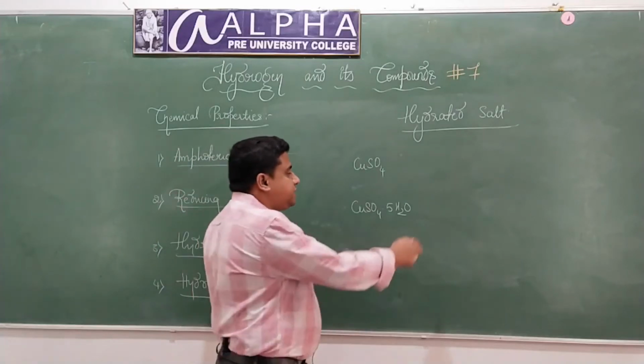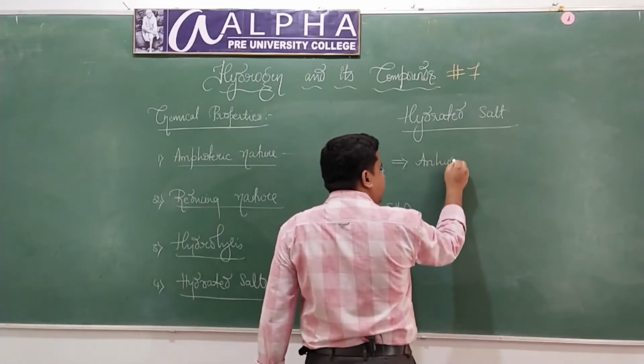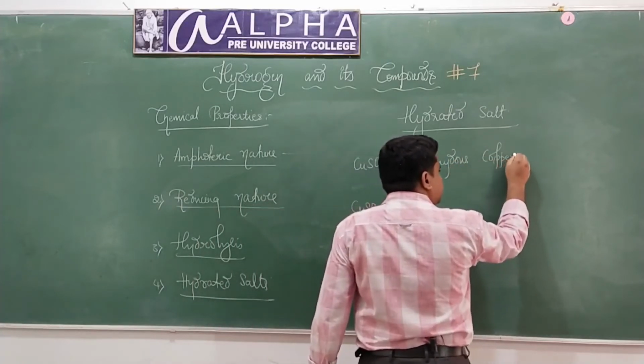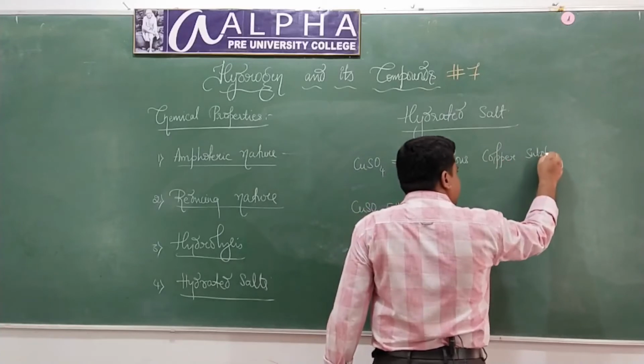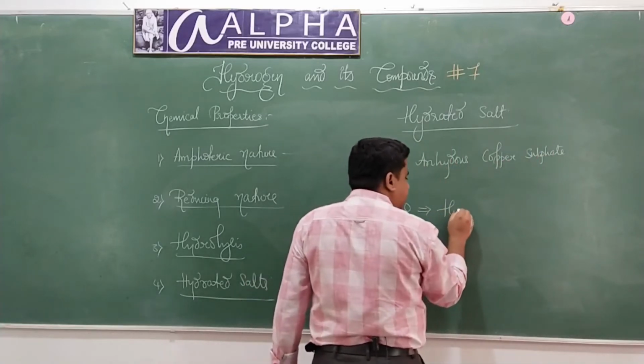This is called anhydrous copper sulfate, whereas this is called hydrated copper sulfate.